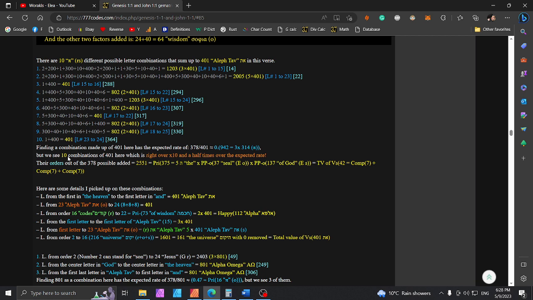The pi, the Greek letter. Now we expect to find 0.942 combinations of Aleph and Tav in the letter combinations, and 942 is 3 times pi, or 314.